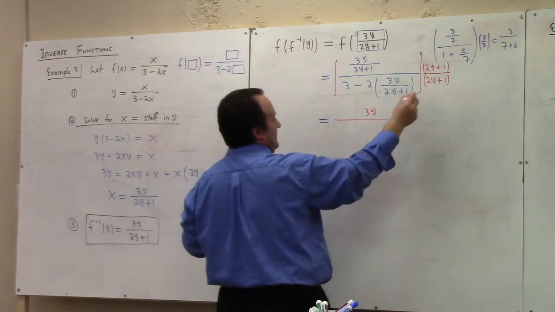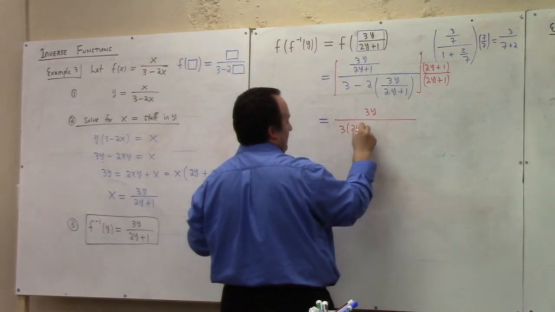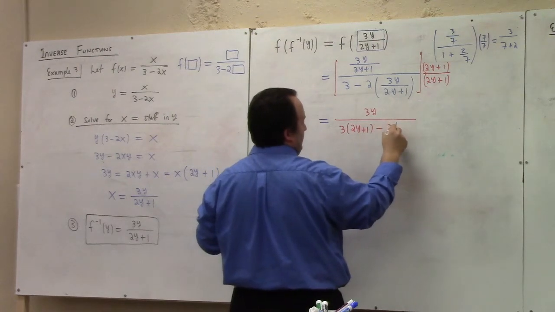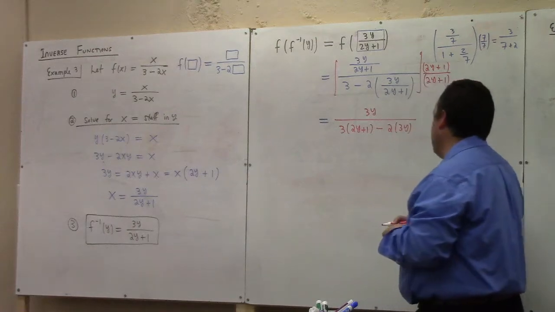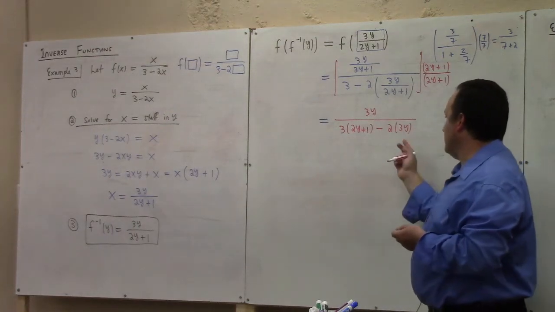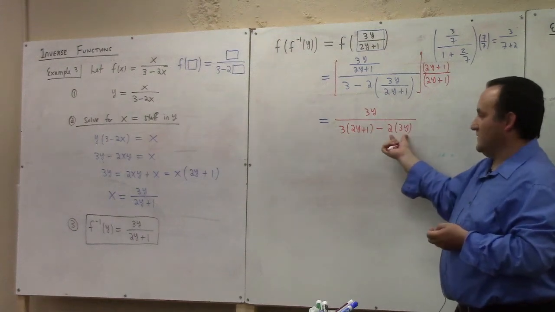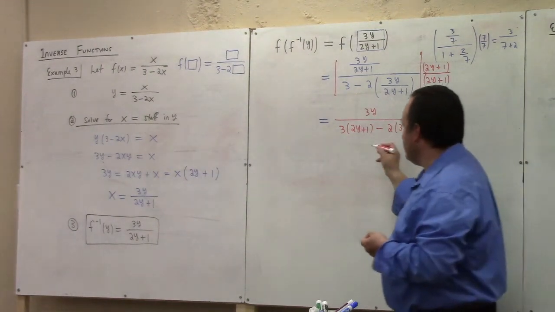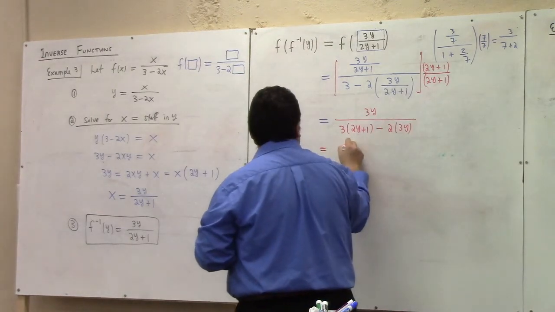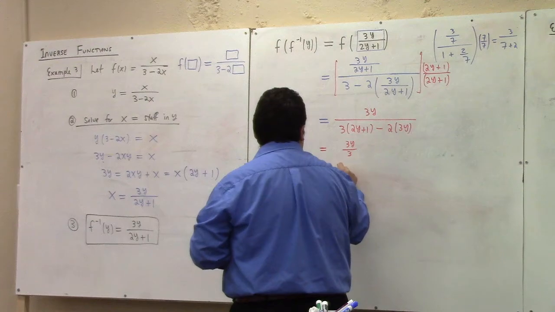And downstairs, we're left with what? 3 times 2y plus 1 minus 2 times 3y, because the denominator cancels. What happens there, though? You get a plus 6y, you get a minus 6y, and this simplifies to 3y over 3, which of course is just y again.